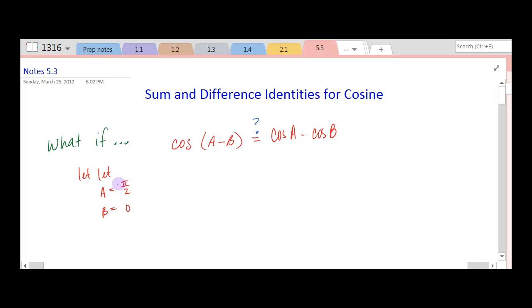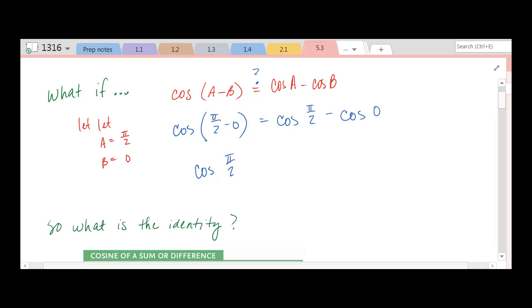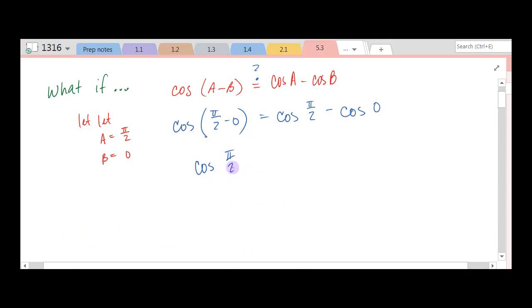Let's see if we can answer this by letting the angle A be pi over 2 and the angle B equal to 0. So if I had the cosine of pi over 2 minus 0, I'm asking, is that the cosine of pi over 2 minus the cosine of 0? Working on the left-hand side, this simplifies to the cosine of pi over 2, which, if you remember, is just 0.